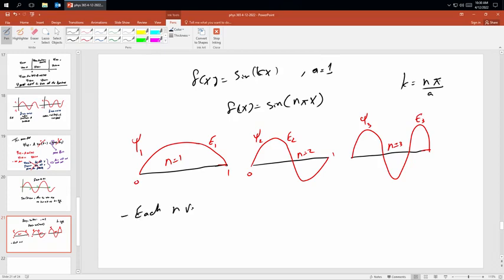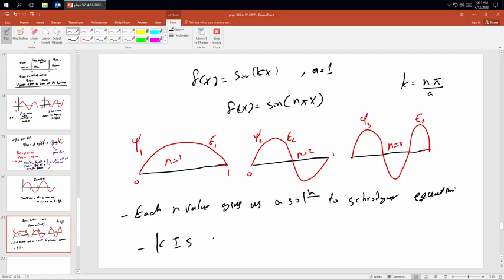So each n value gives us a solution to the Schrodinger equation. Your k is dependent on the energy, also.